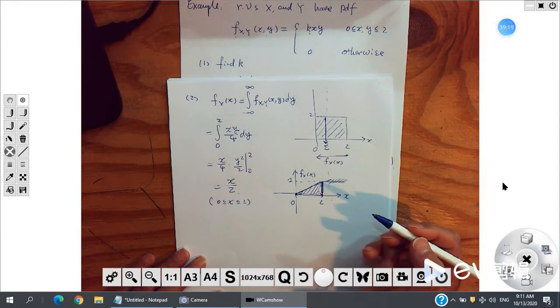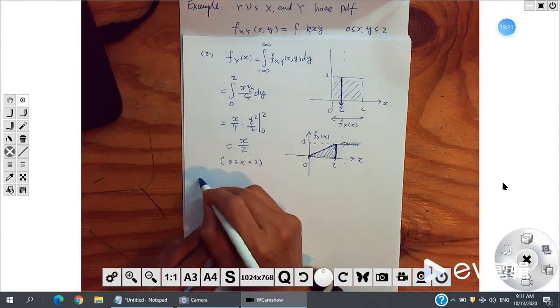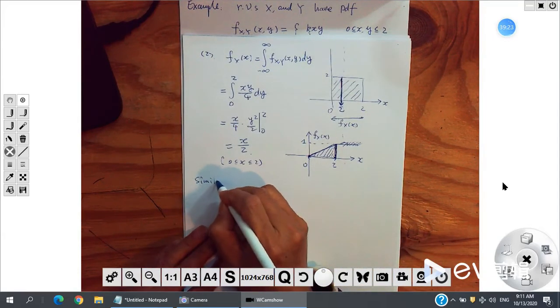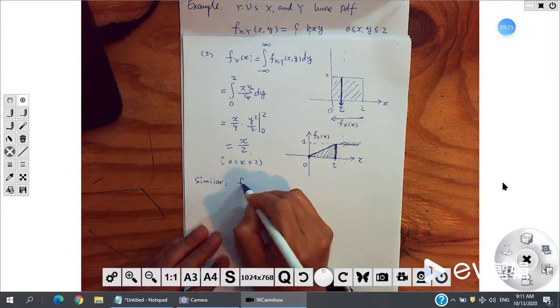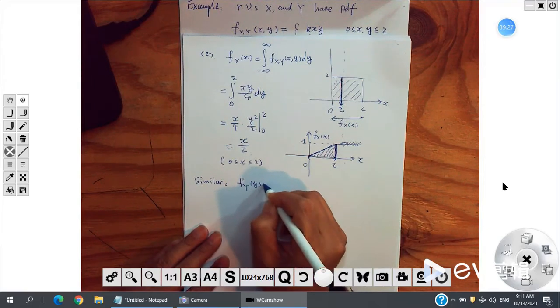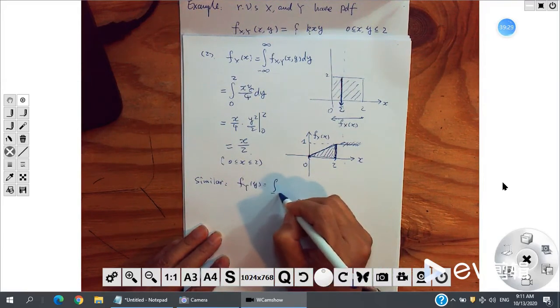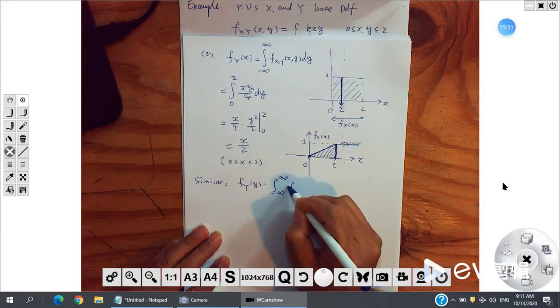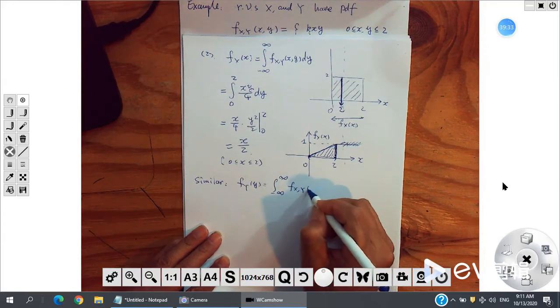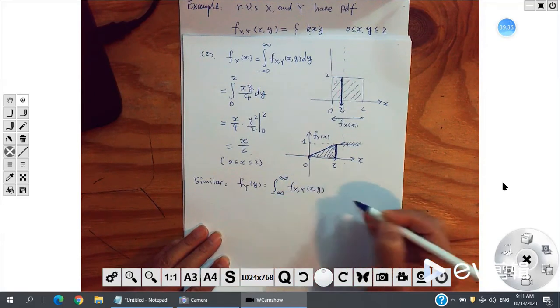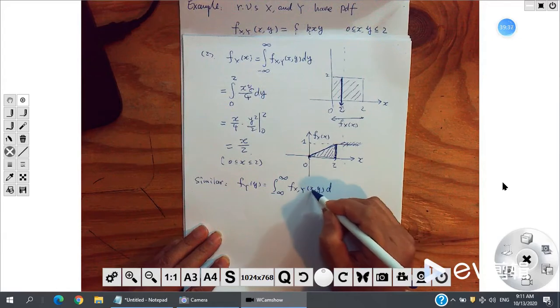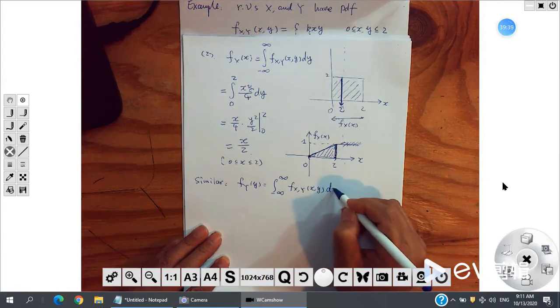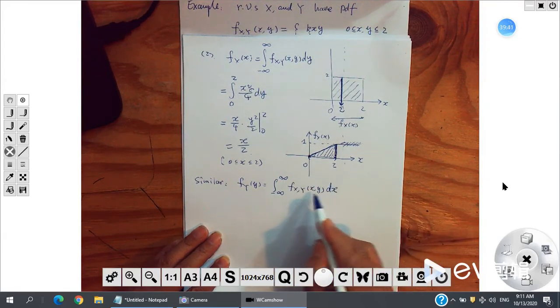Alright, and similarly, f of y of y is also the integral of the joint density function, but this time we do the integral with respect to x. After the integral we have y left.